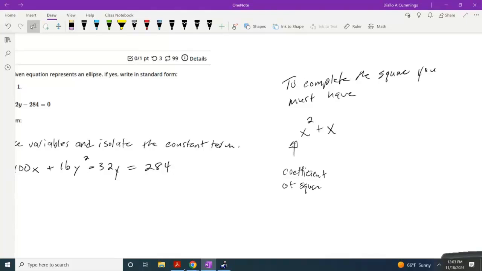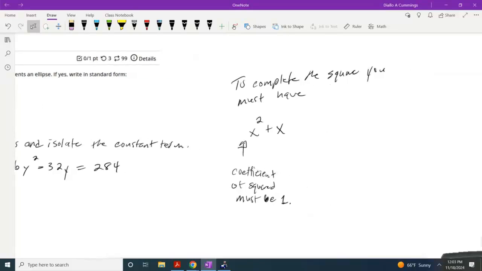Once you have the right form, with your squared term and your first degree term only, then you can complete the square. I'm writing this out in an abstract way, but you have to take half of the middle term and square it.